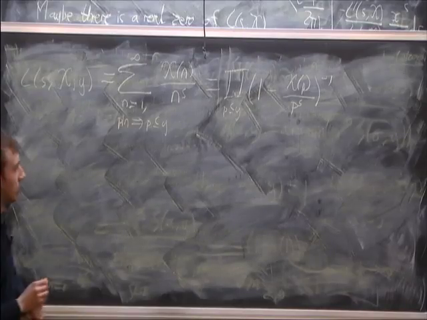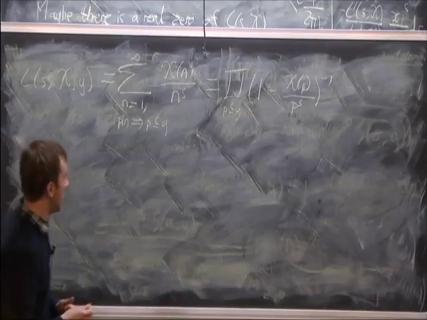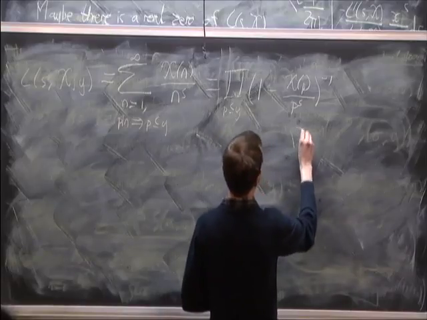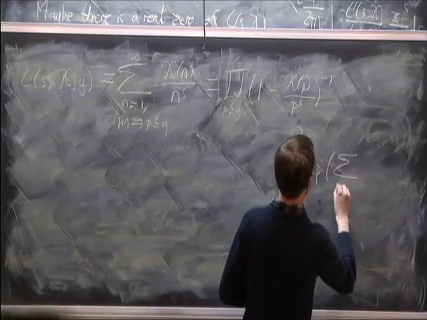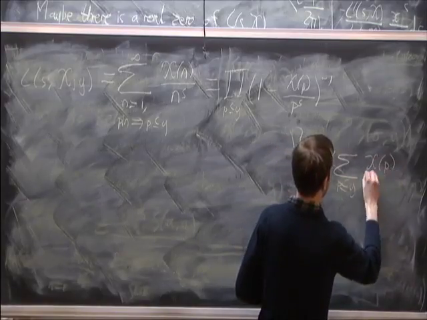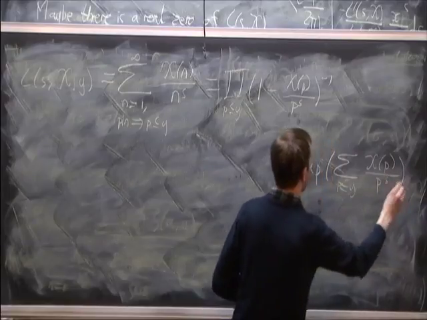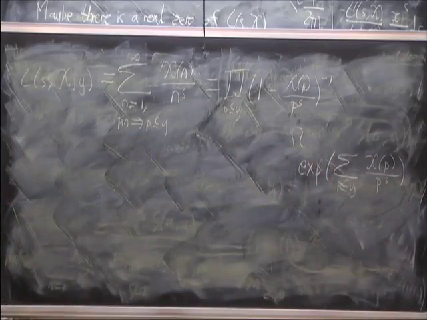But let's think about what happens if there happens to be a Siegel zero. So this thing is roughly like exp, okay, just by taking logs and Taylor expanding.